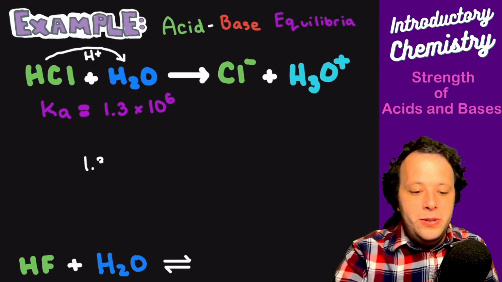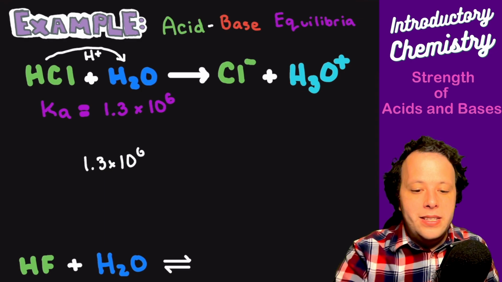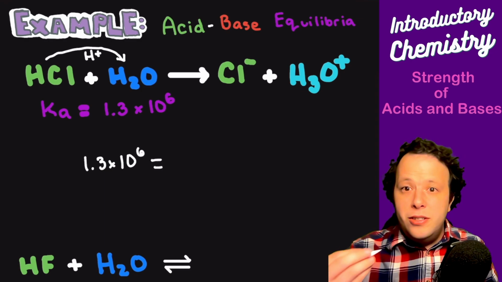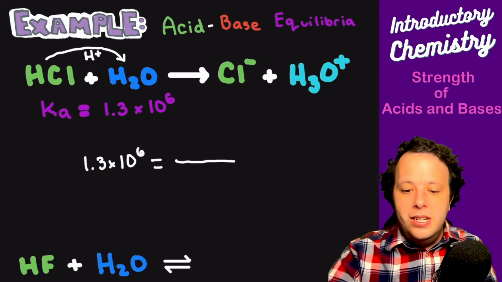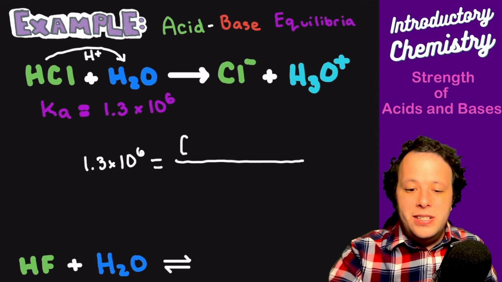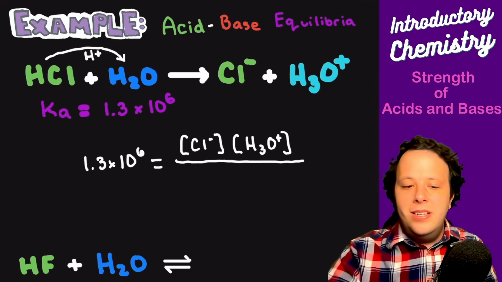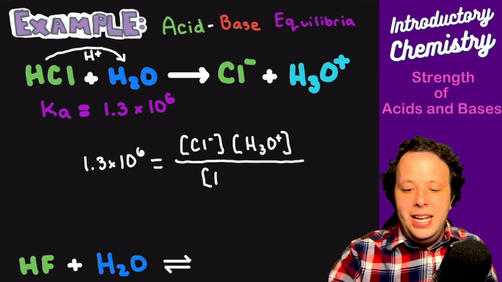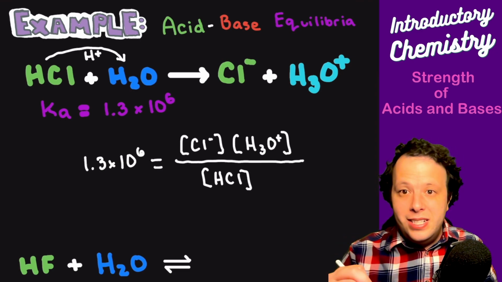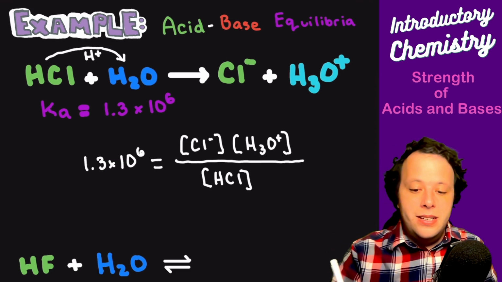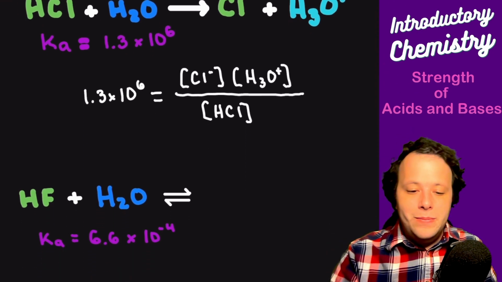So we'd write 1.3 times 10 to the 6th and equal that to products over reactants. We'll use square brackets: [Cl minus][H3O plus] all over [HCl], and we exclude water because water is considered the solvent and is a pure substance. So that's how you would write that.